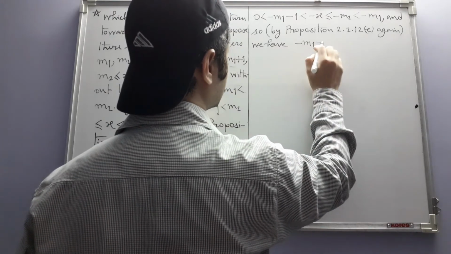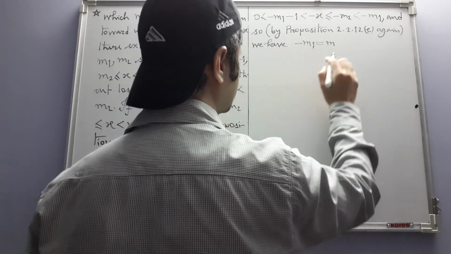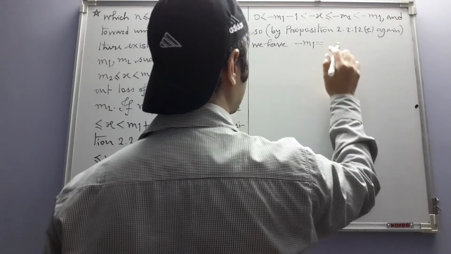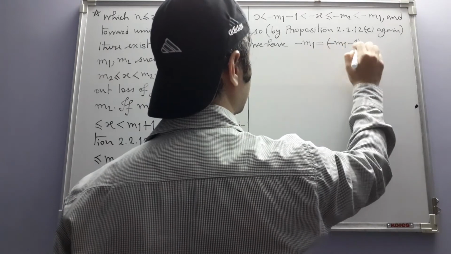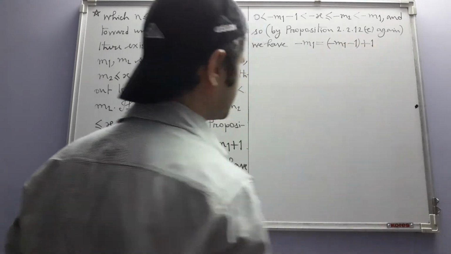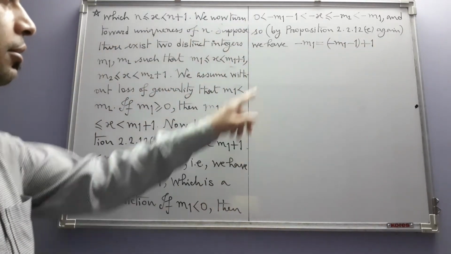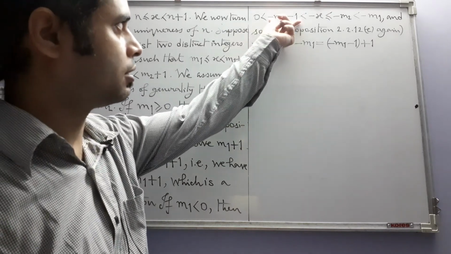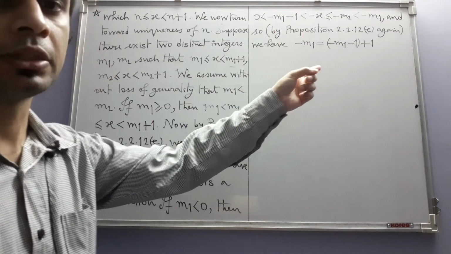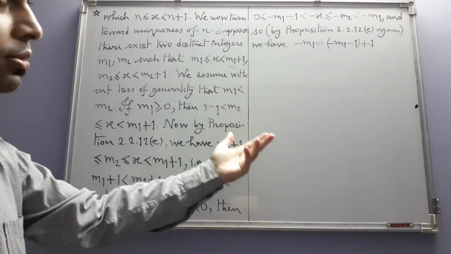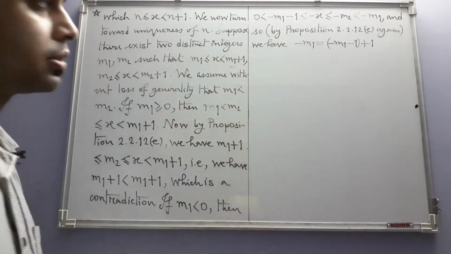Minus m1 is the successor of minus m1 minus 1. This is the successor of that number, and note that these integers, minus m1 minus 1, minus m2, minus m1, are now all natural numbers, so we are able to use the proposition.